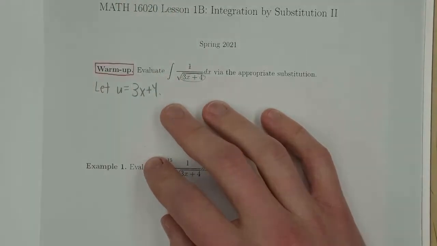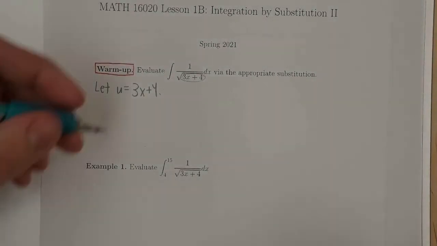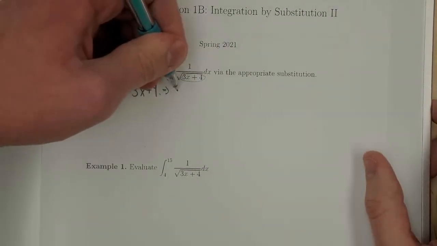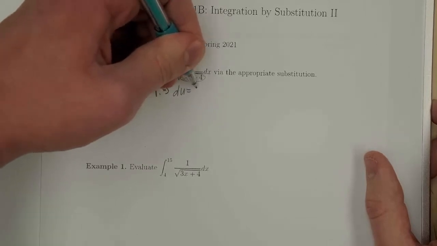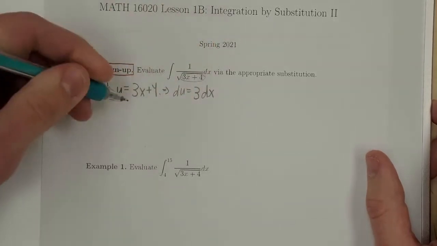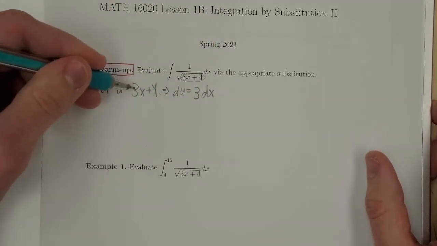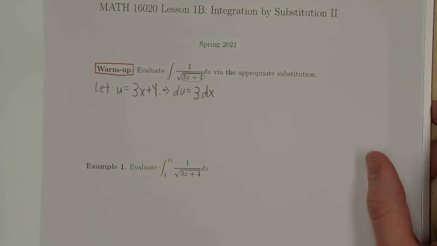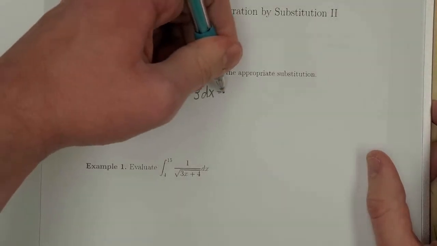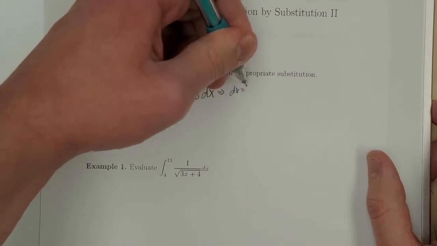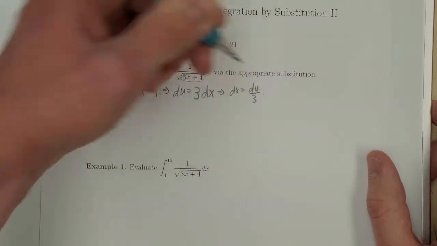So let u equal 3x plus 4. Then du equals 3dx, because the derivative of this with respect to x is just 3 as a linear function. So if we solve for dx, we end up with du over 3.